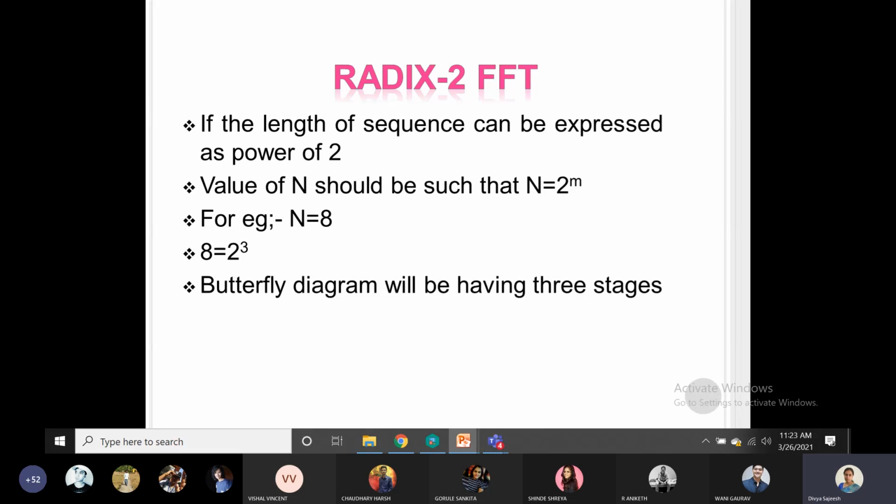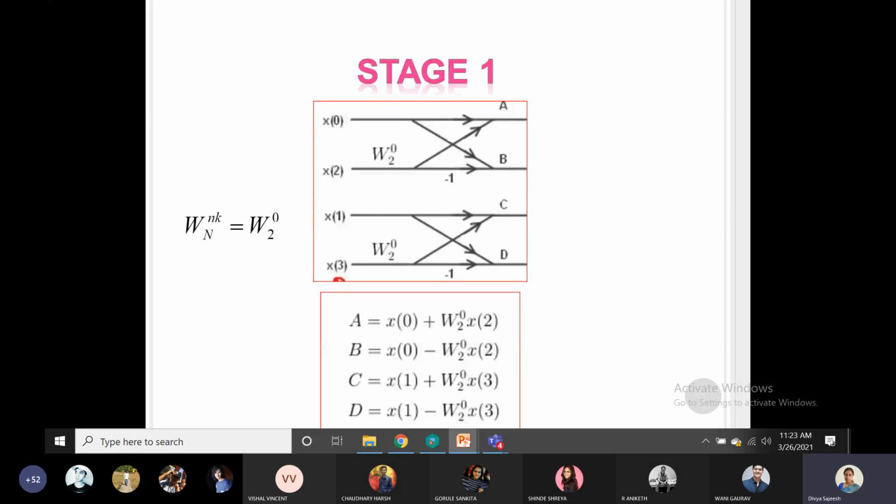Let us take the length of the sequence as 8, so I can write 8 as a power of 2, that is 2 cube. If I can express 8 as 2 cube, then this radix 2 FFT will contain 3 stages. Let us see how to find the butterfly diagram and its corresponding output in each stage.